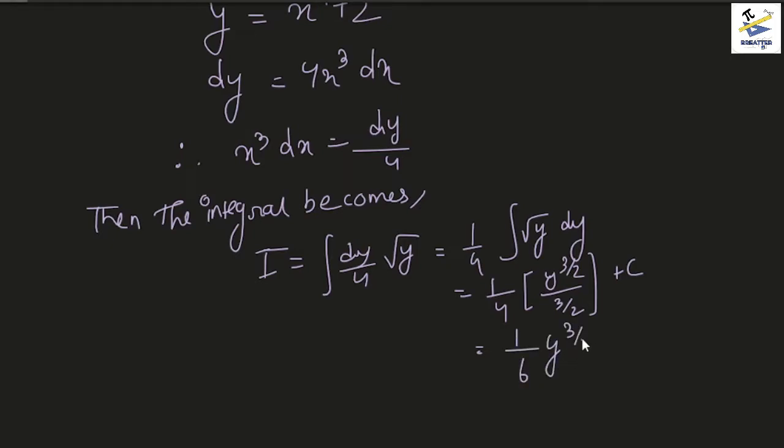So the answer is 1 by 6 y to the power 3 by 2 plus c, and if you substitute y back, where y was x to the power 4 plus 2, the answer becomes 1 by 6 into (x to the power 4 plus 2) whole to the power 3 by 2 plus c, which is the answer for our integral.